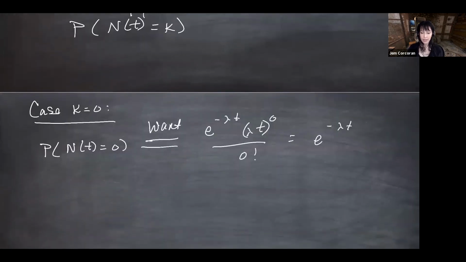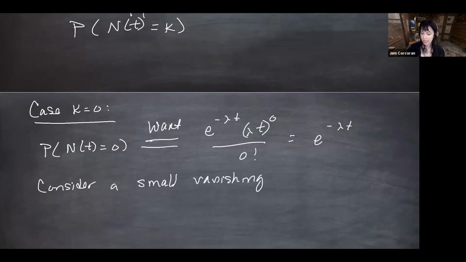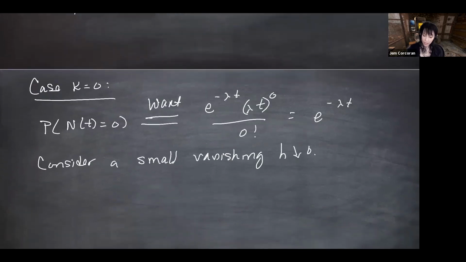So let's do it. Consider a small and actually vanishing little increment h, little h that's going down to 0. And let's look at the probability that N of t plus h is 0.